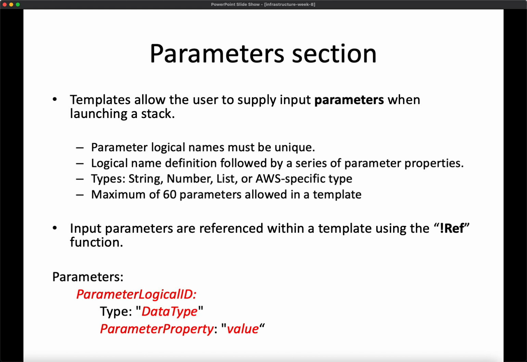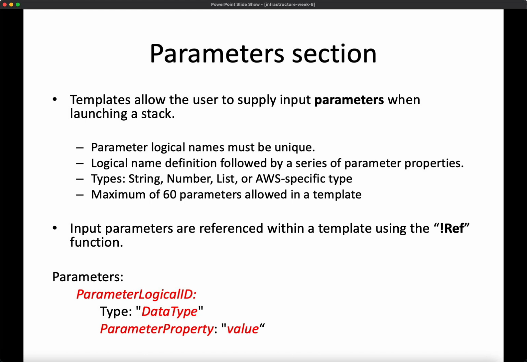You might have a stack that you create for a development environment, for example, and that development environment might have resources that are defined with a smaller amount of compute and memory capacity.